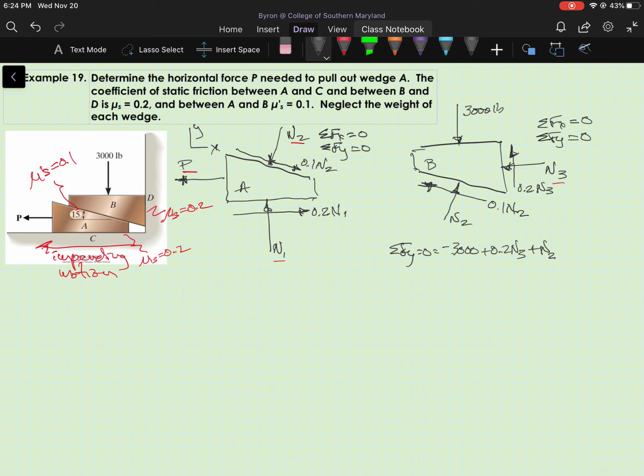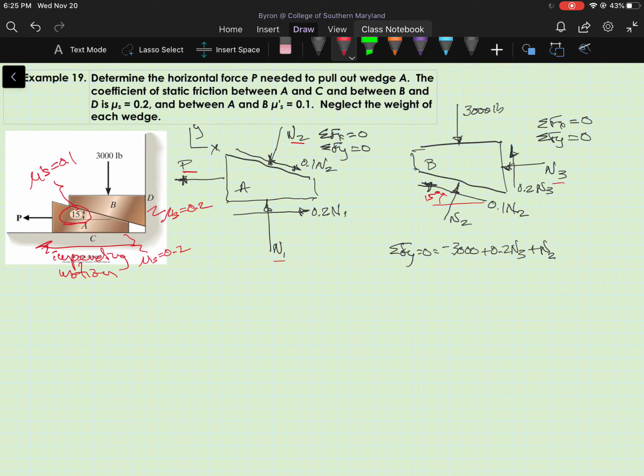what we have here, we refer back to the original figure. We had an angle of 15 degrees between the horizontal and the top surface of wedge A. So that 15 degrees is going to show up in both free body diagrams, obviously, and I'm going to show it on this one there.